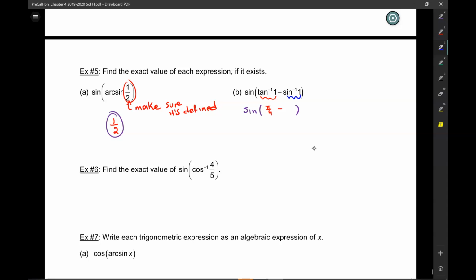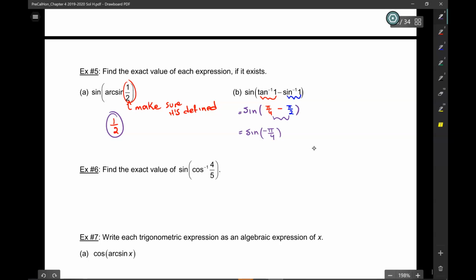Sine is the y value, pi over 2. Yep. So now I have sine of pi over 4 minus pi over 2. That's like subtraction, like middle school, right? Quarter minus a half, negative a quarter. So negative pi over 4.